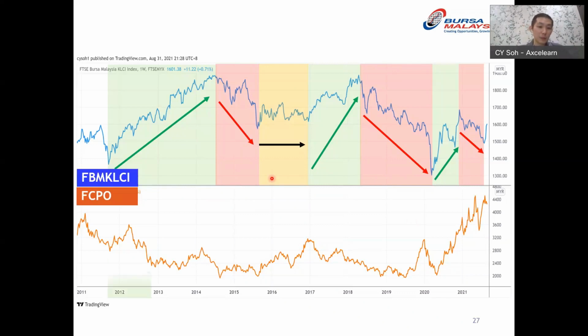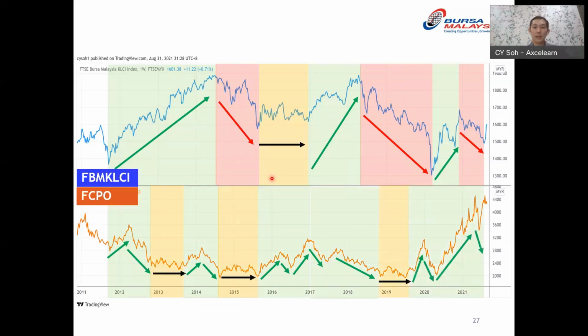Whereas for FCPO, because it is a futures product, you can trade both up and down markets. This is where you are able to benefit from it. Most of the time, you can see that it's either green or you don't benefit from FCPO. Depending on the strategy that you use in FCPO, if we have an opportunity some other time, I would share with you some strategies for how you can trade FCPO.